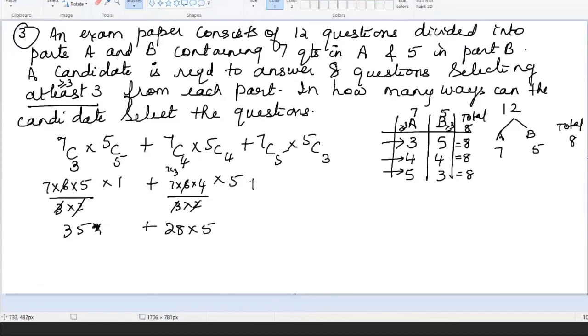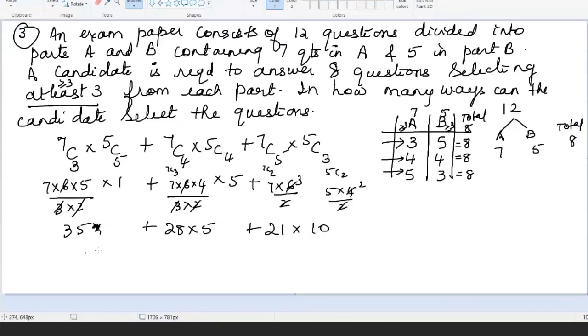Plus 7C5 is also equal to 7C2. So that is 7 into 6 by 2, which is 21, into 5C3 which is also equal to 5C2. So it is 5 into 4 by 2, which is 10.